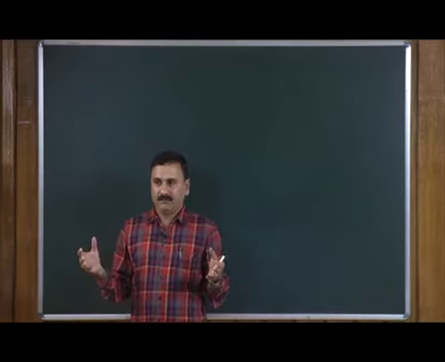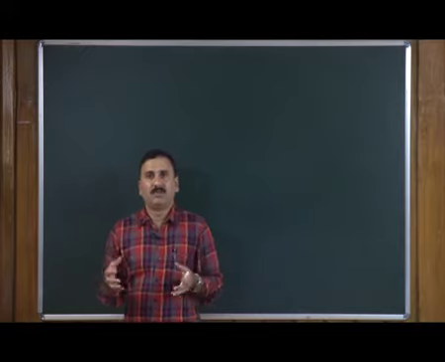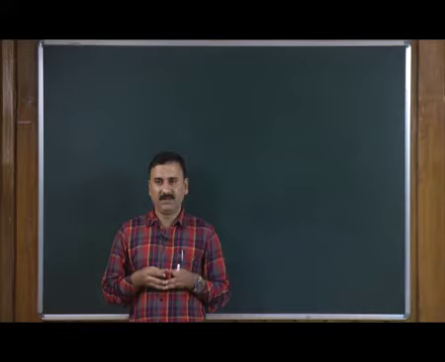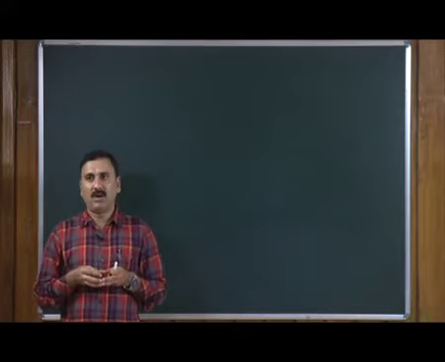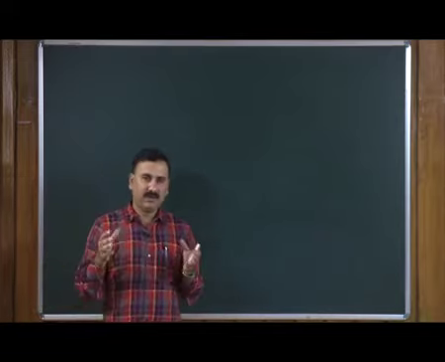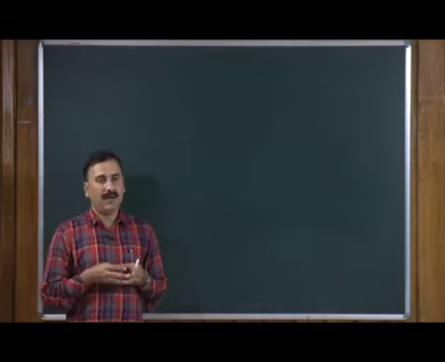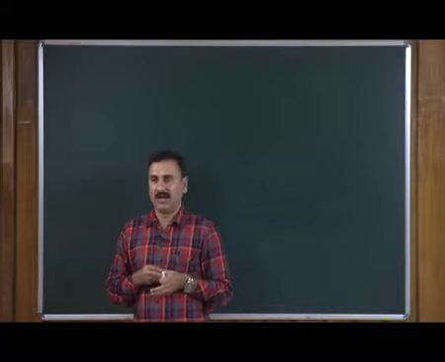So the question is, how many different phases are present in photosynthesis? There are two different phases of photosynthesis. One is called the light reactions, the other one is called the dark reaction.